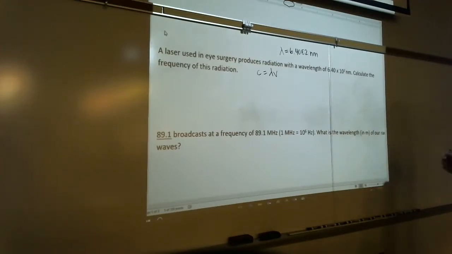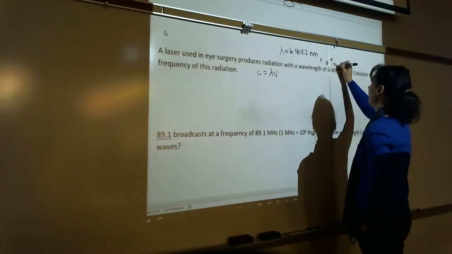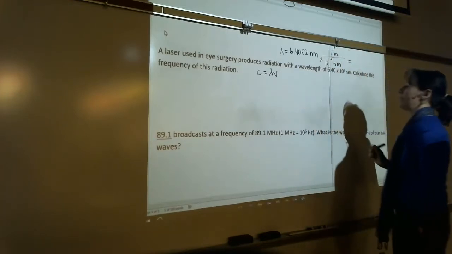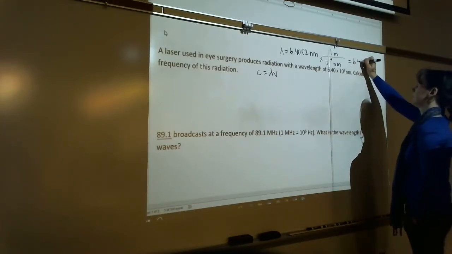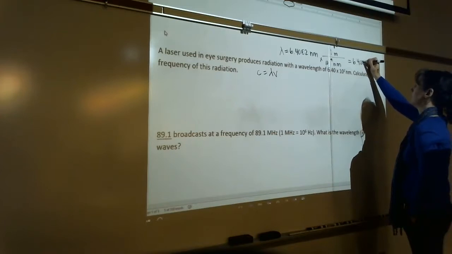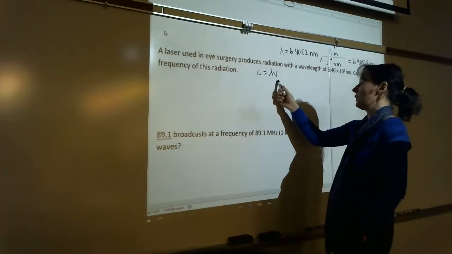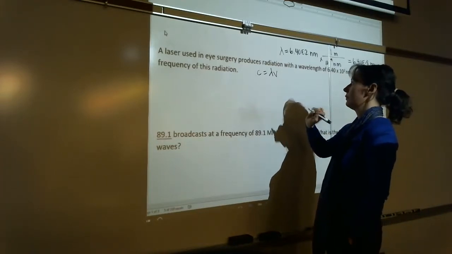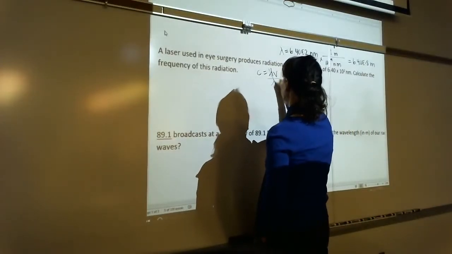No. So we say 10 to the 9th nanometers in every 1 meter. So what is that answer in meters? 6.4 times 10 to the -8 meters. Okay, so now we're solving for frequency. Which variable is that? The mu. Right. So we're saying, okay, let's divide.